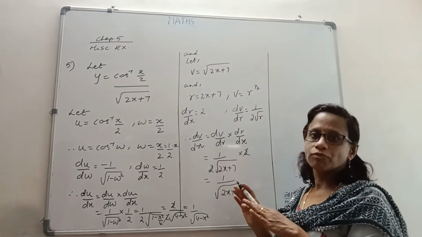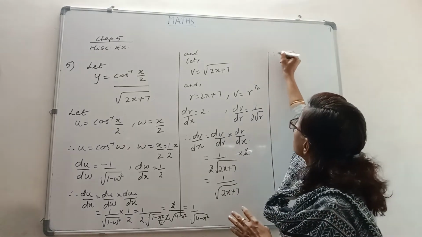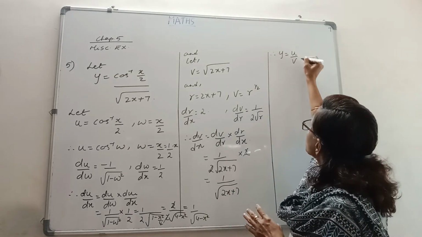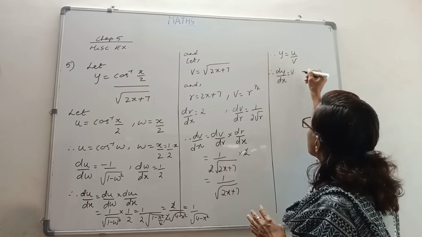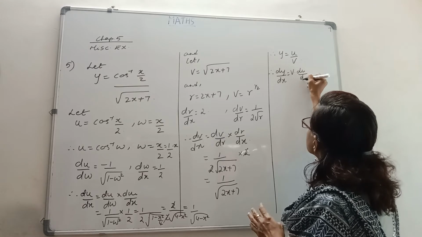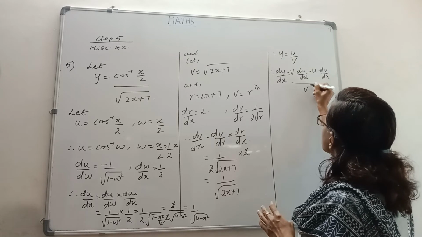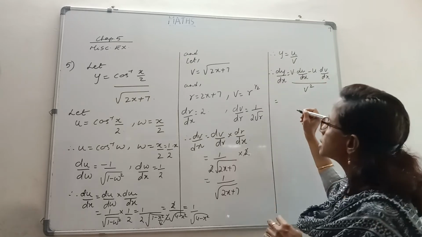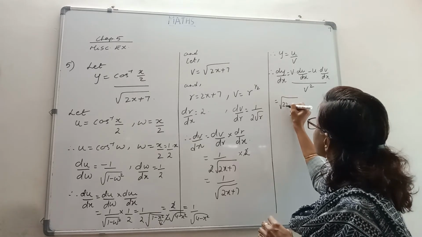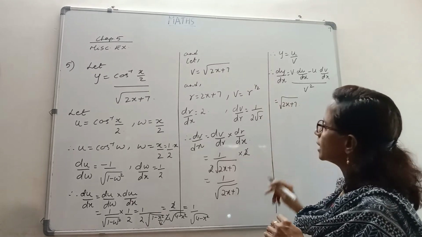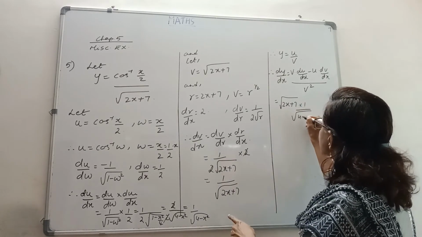So now in this step you have got your du by dx and your dv by dx ready. That allows us to get the derivative of y, which we have assumed as u by v. So your dy by dx, by the quotient rule, is v into du by dx minus u into dv by dx, all over v squared. So let's put it across. V for us is r raised to half, which is root of 2x plus 7. And du by dx for us is 1 by root of 4 minus x squared.